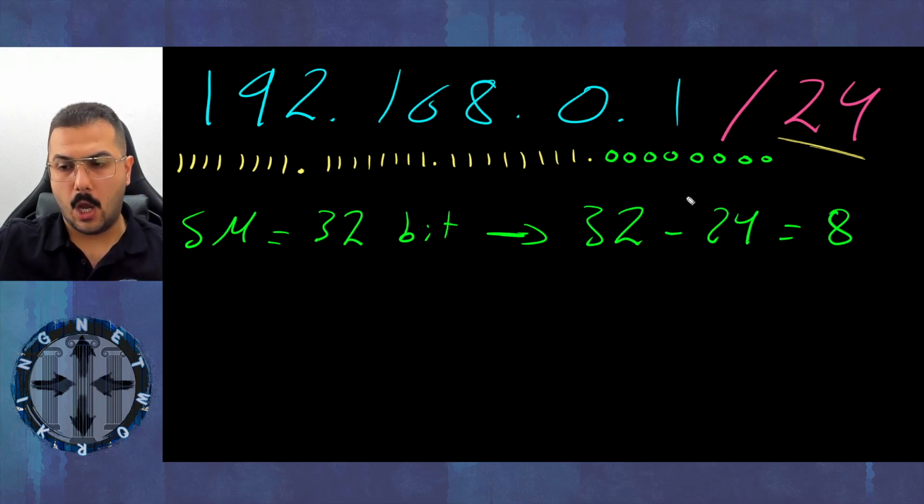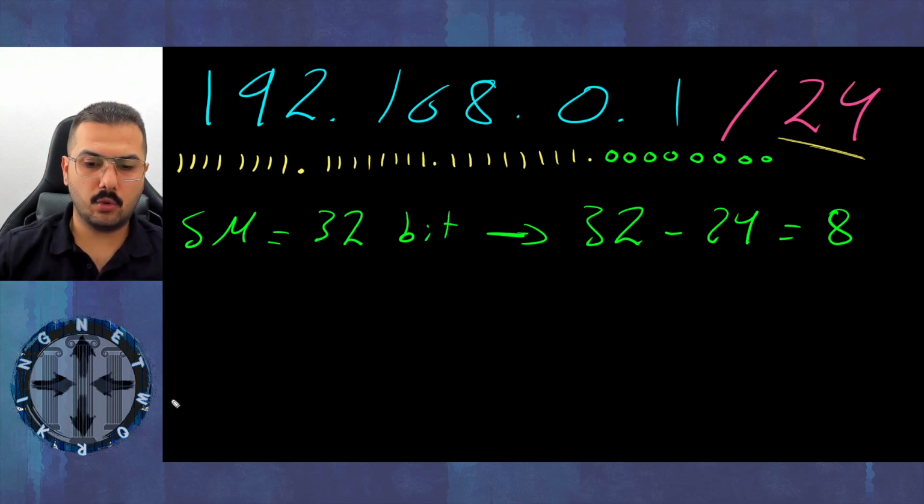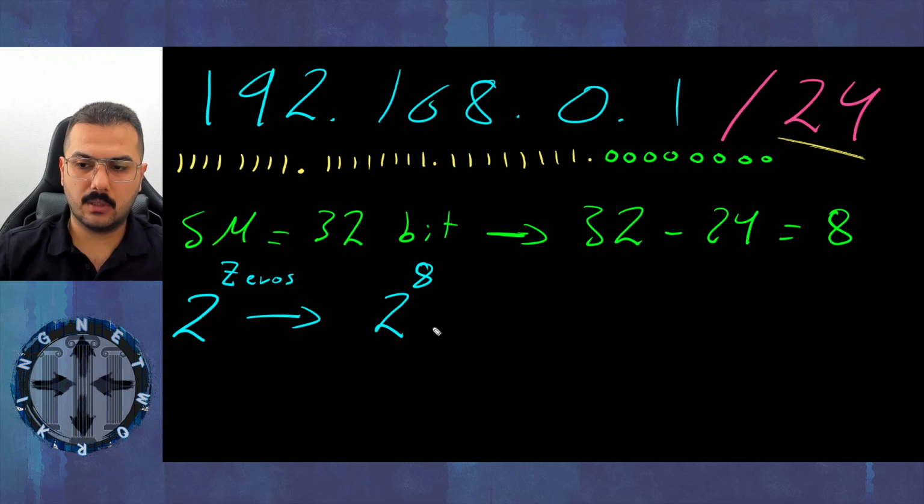All right. What you should do right now is refer to the rule that says to take the base of the binary language up to the number of zeros, leading to 2 to the power of 8, which equals 256.